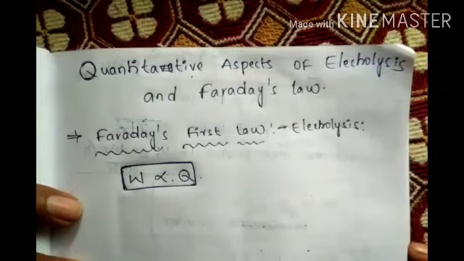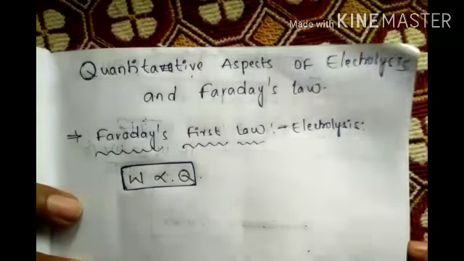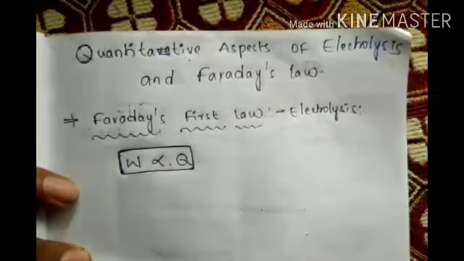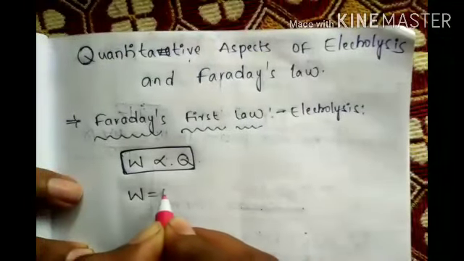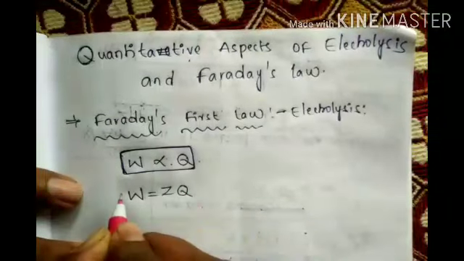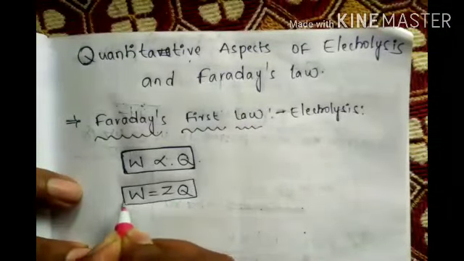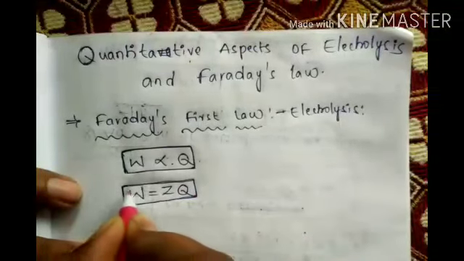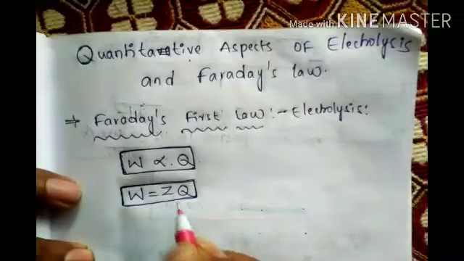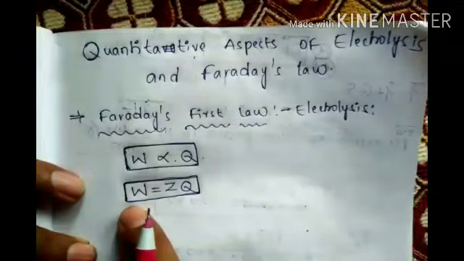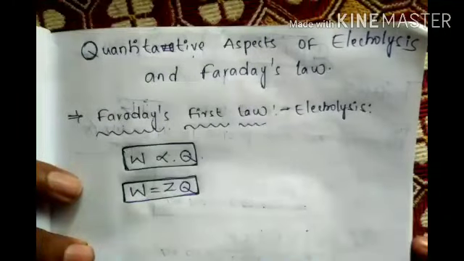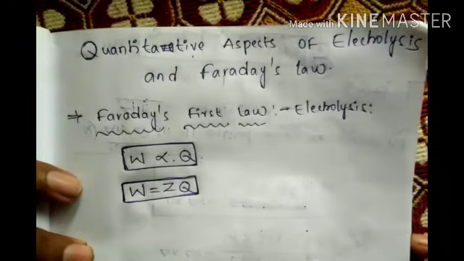So W grams of substance is deposited on passing Q coulombs of electricity. Otherwise, W equals ZQ, where Z is a constant, the proportionality constant, the electrochemical equivalent.